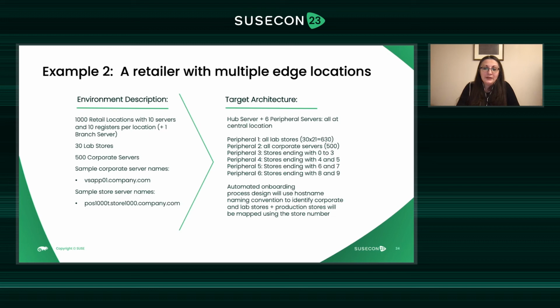So in this particular case, we also see that the stores ending with 0, 1, 2, and 3 are all mapped to peripheral 3. And that could be because we've done some analysis and we've counted them all out, and they add up to 5,000 servers altogether, and we didn't want to introduce yet another peripheral to split those apart. Again, this can be a decision depending on your analysis.